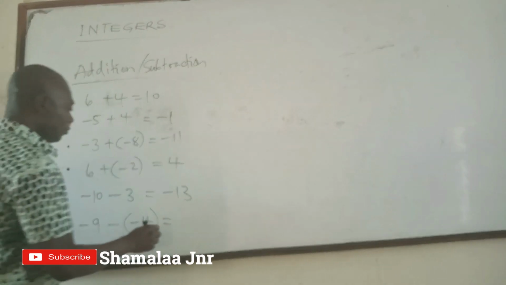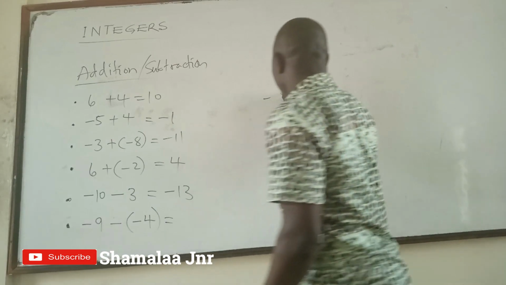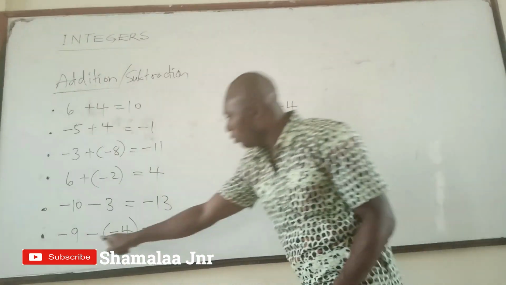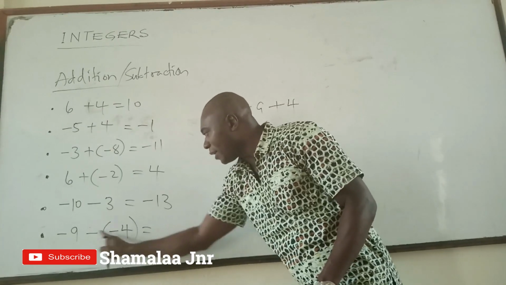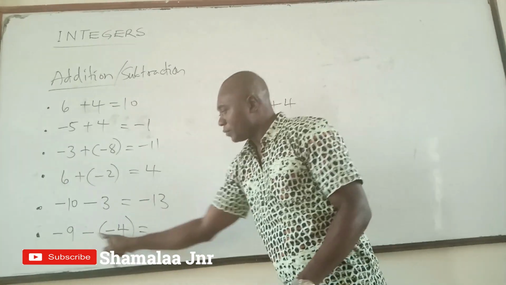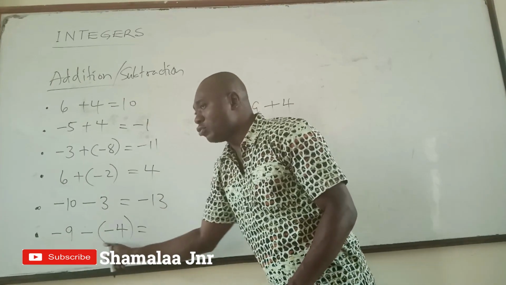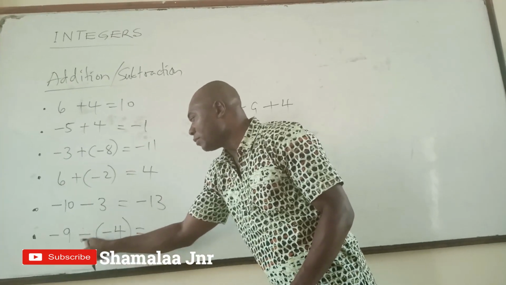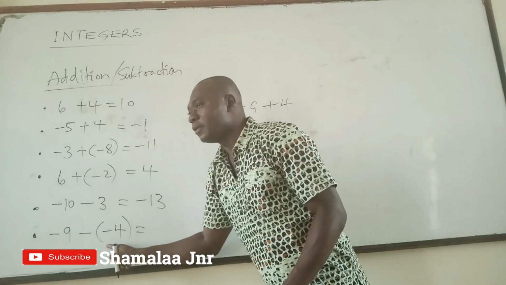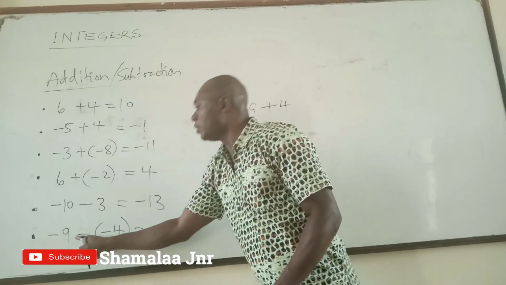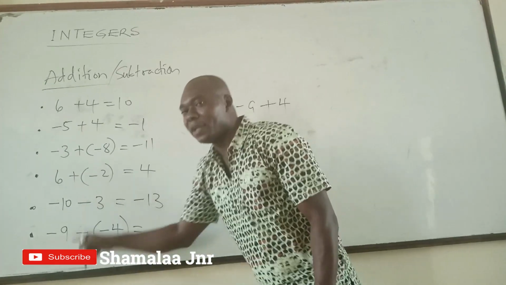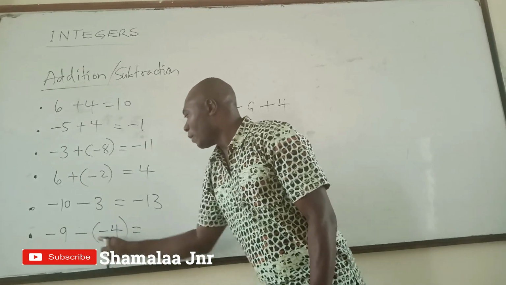So this question will reduce to negative 9 plus 4, because these two negatives are following each other closely like this. And they are 2. 2 is an even number, so this one will become positive. If they are 3, then it will be negative, because 2 become positive, and the third one will make it negative. So this is positive.